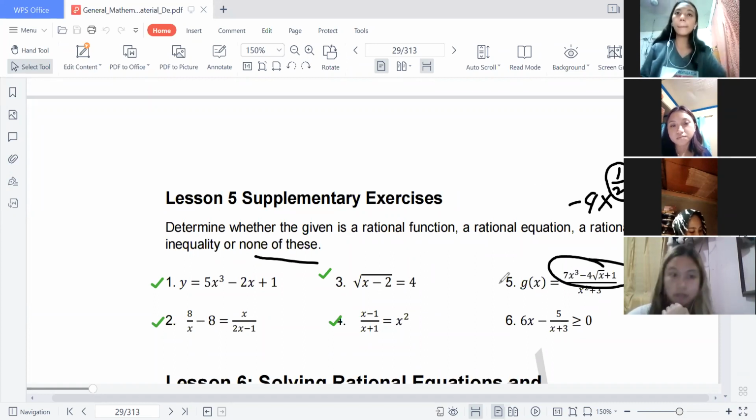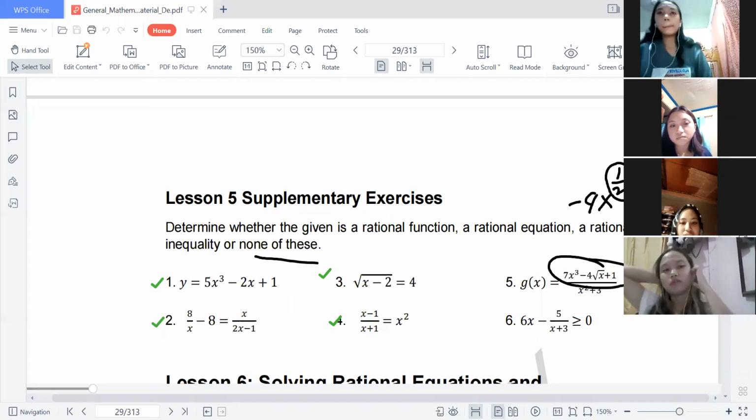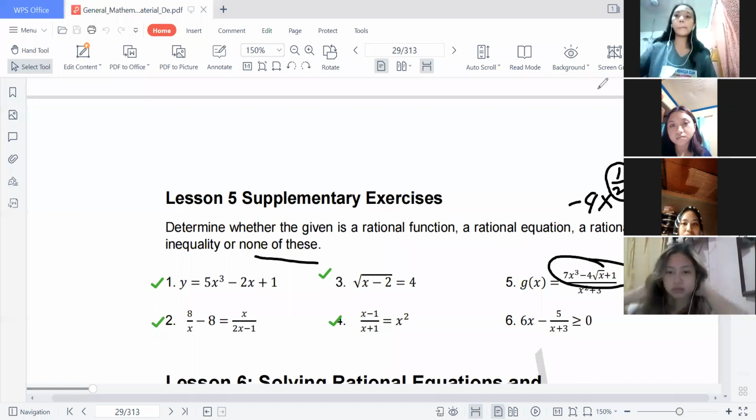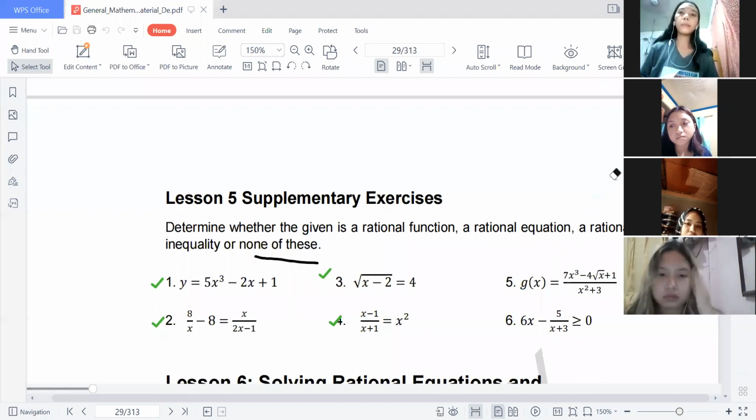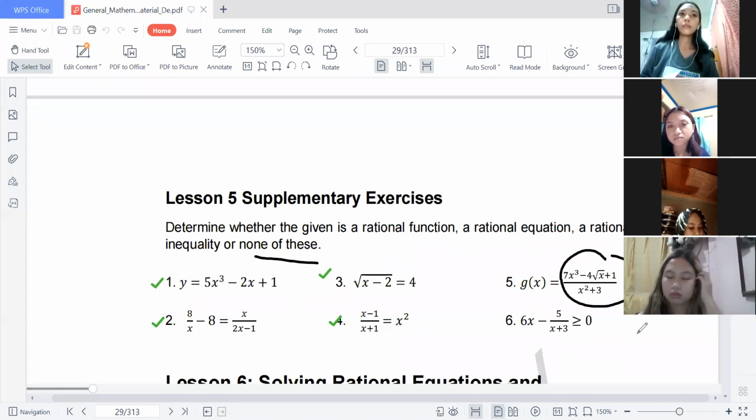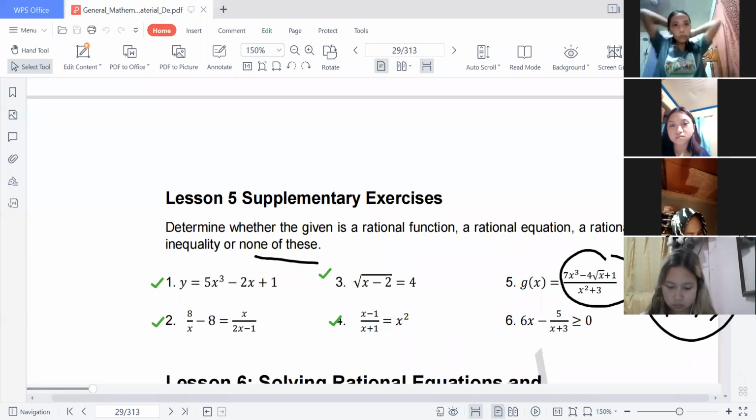Yes, almost near na tong gi-answer ni. Dili siya rational equation, di ba? Supposedly rational function. Pero dili man ni siya rational expression. Kung x lang unta, like 7x cubed minus 4x plus 1 over x squared plus 3, so it will be called a rational function.